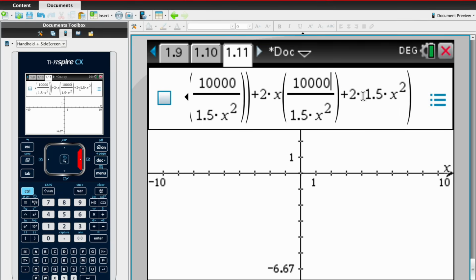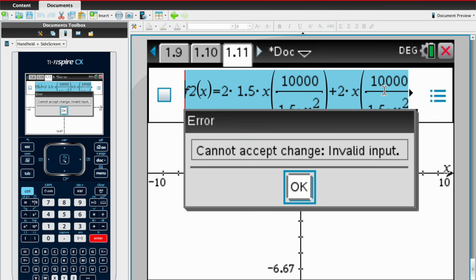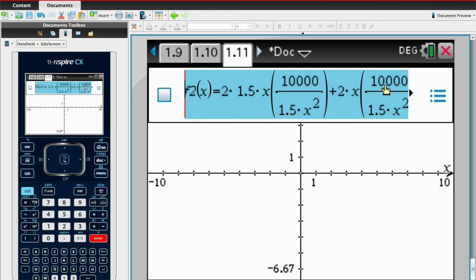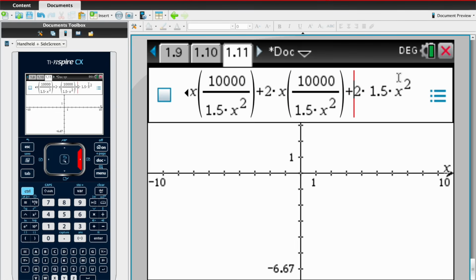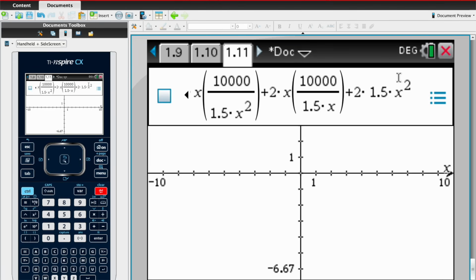Plus 2 times W 1000 x squared. This is good. And this is plus 2.5. This looks good now, I'm hoping. Cannot accept change. I'll try one more thing. 2 times 1.5 W. Could it be because of this x divided by x squared? Let's see. 10,000 wx squared. It looks good to me. I'm going to simplify. Maybe that's what it's complaining about.